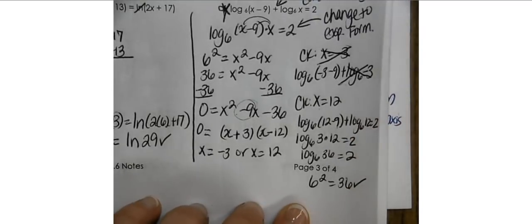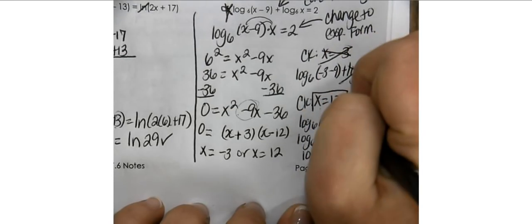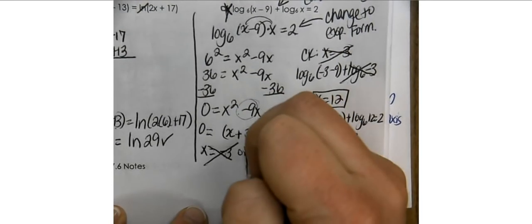Now 3 times 12, that's 36. Is log base 6 of 36 equal to 2? Well, yes it is, and that's because 6 squared does indeed equal 36, going back and forth between the forms. So therefore, x equals 12 is our answer. And that's our only answer.